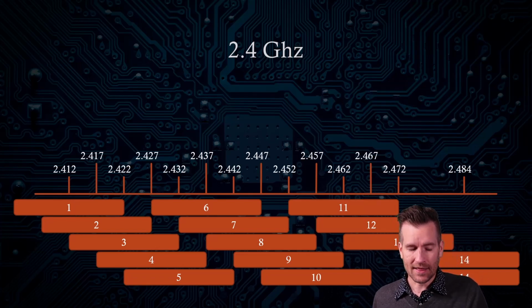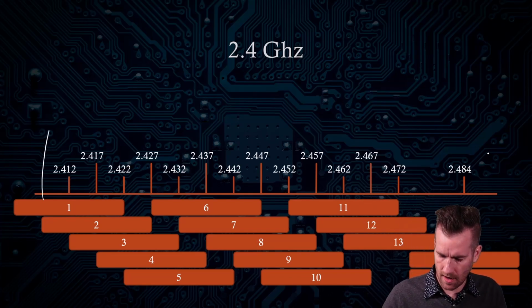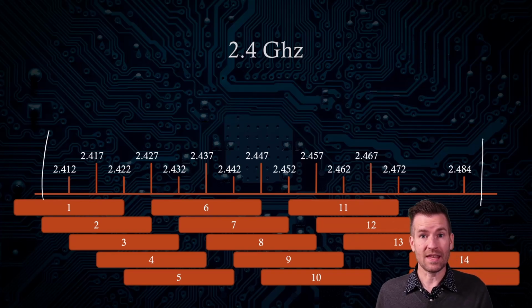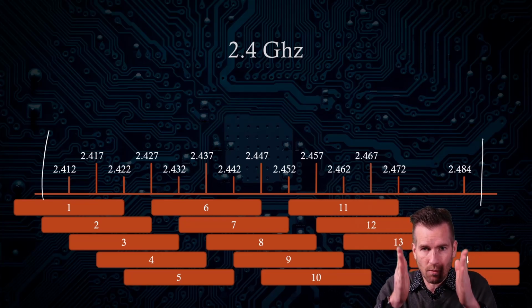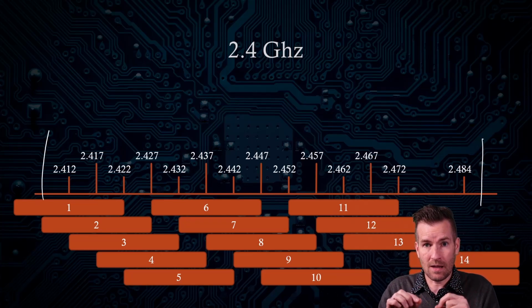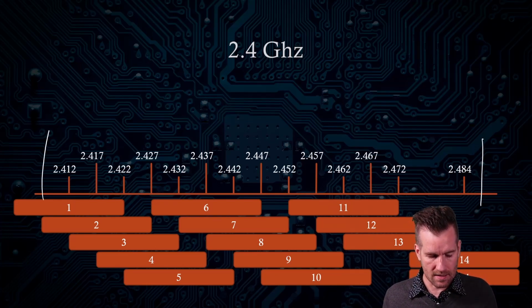Well, here we've got that 2.4 gigahertz frequency range, and it's not just exactly 2.4, it's a whole range that we have to work with within that 2.4. But we have to carve out what we call a channel in order to be able to communicate, because we're varying the frequency to send those little ones and zeros.